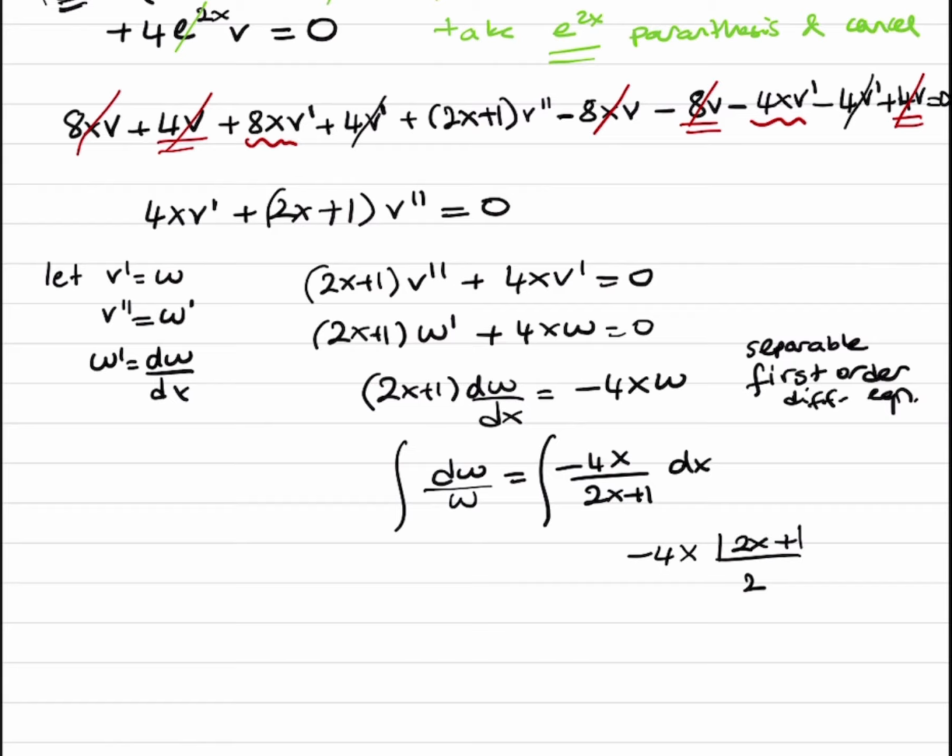We have minus 4x plus 2, so minus 2. Sorry, this should be minus 2.